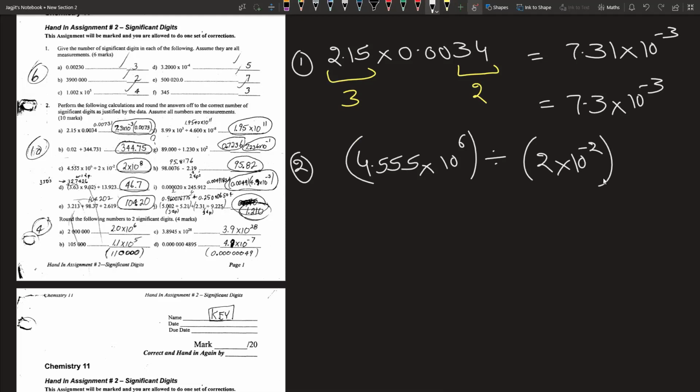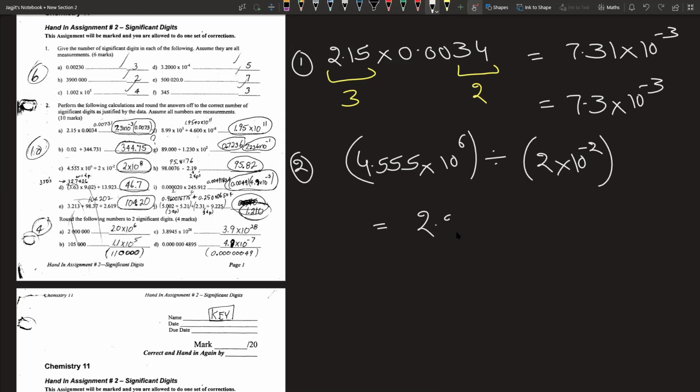So guys, make sure, you see how I've put the brackets over there? Always put brackets, okay? Always put brackets. So we have that, and divide that by 2 times 10 to the power minus 2. Bracket closed. And what do you guys get?